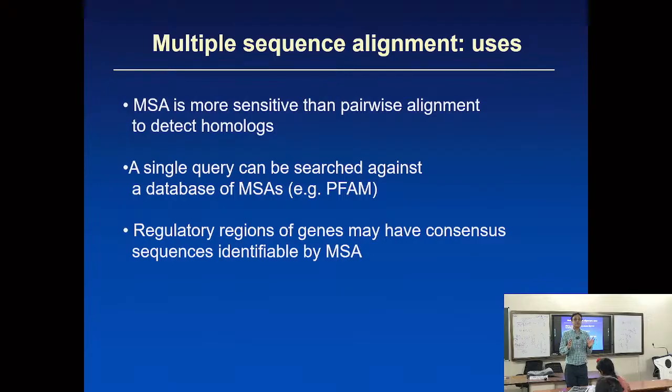To identify those conserved patterns, you would want to perform alignment of those regulatory sequences and thus find consensus sequences, which means conserved nucleotides in the promoter sequences. That can be deciphered using multiple sequence alignment, those conserved patterns.